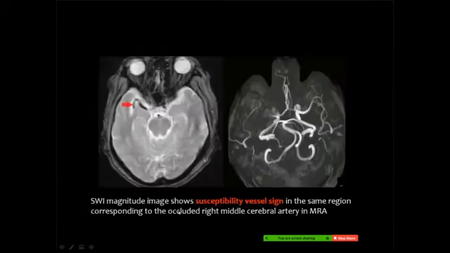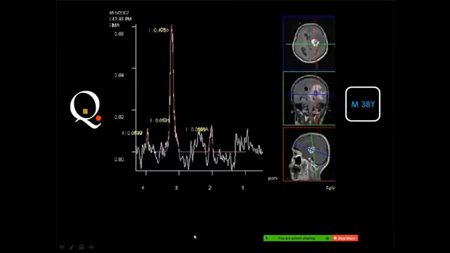If you see that one of the vessels is black on the gradient image or the susceptibility weighted image, you say that this is the susceptibility vessel sign, and you know it is analogous to the hyperdense vessel sign seen on the CT scan. And if you have MR angiography or any type of angiogram, then you can see occlusion of the artery.